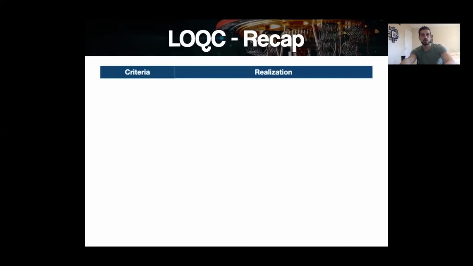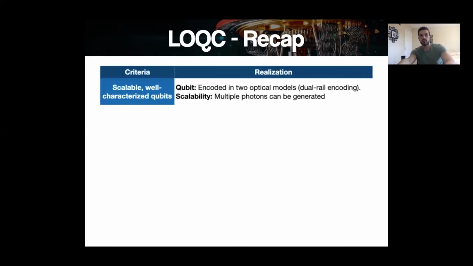Okay, so we actually covered everything for LOQC, and that might surprise you because we weren't always explicitly talking about the DiVincenzo criteria. But as we go through the criteria, you'll see we covered all our bases. Scalable, well-characterized qubit: single photon sources, which we encode in dual rail encoding to get our qubit.